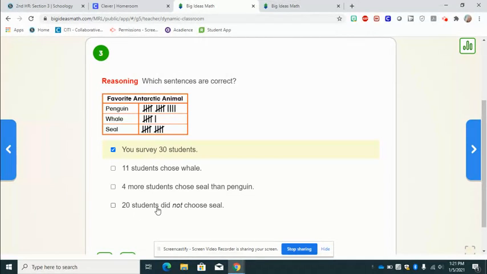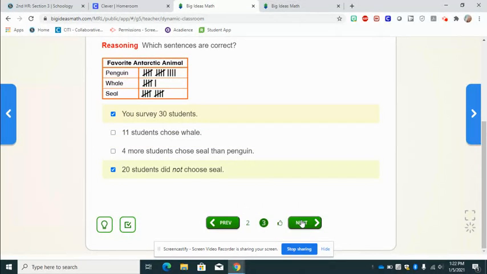20 students did not choose seal. All right, how many students chose seal? 5, 10. So this is correct because 20 students did not choose seal, 10 chose seal. Actually, we're going to go back and count the other ones too to make sure that this one is correct.